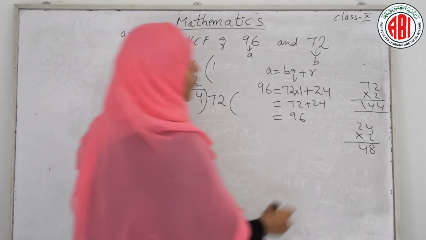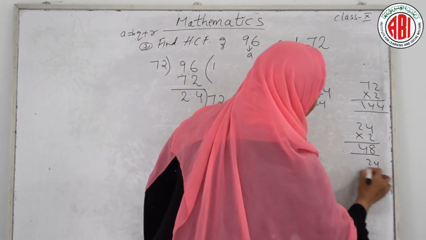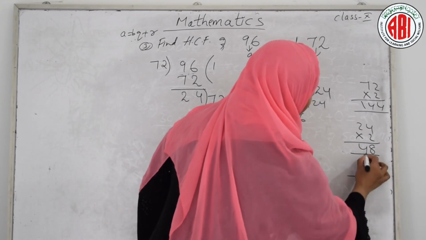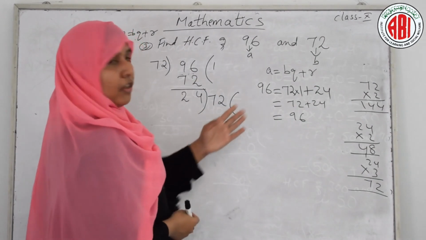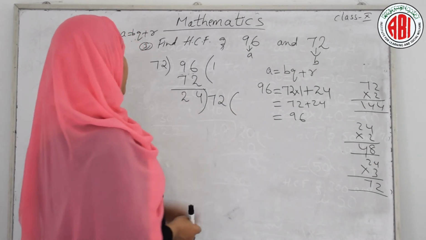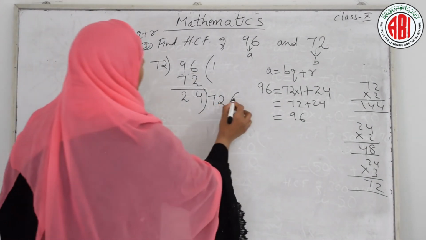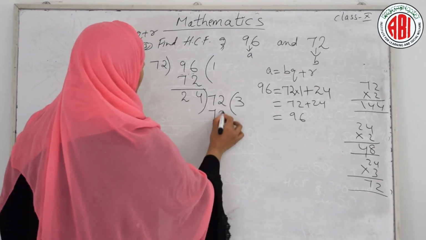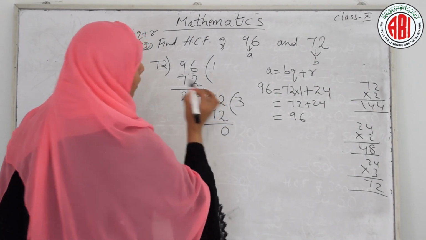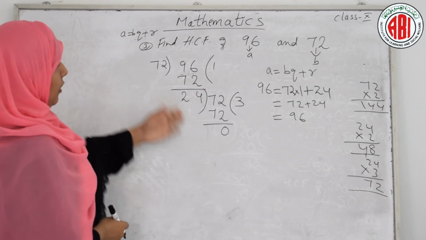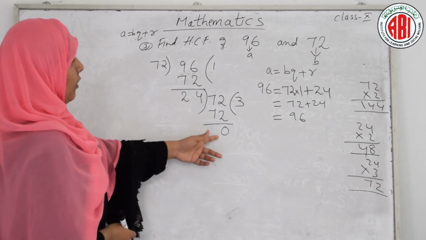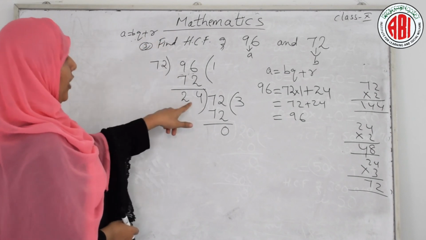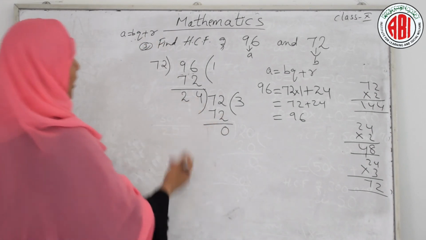So we will do 24 into 3: 3 4s are 12, 3 2s are 6, 7. So we get the exact answer: 24 into 3 is 72. We are getting remainder 0. So this is the answer. In only 2 steps we got the answer. What will be the HCF here? 24 is the HCF.